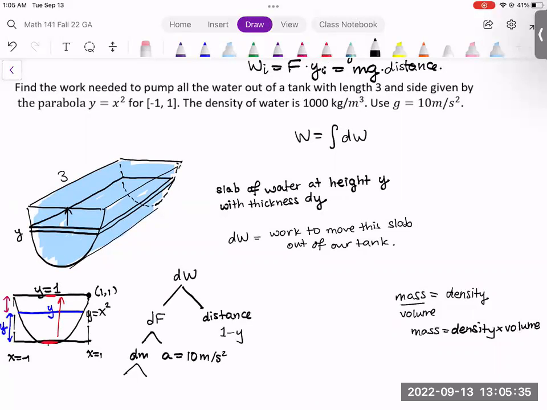Okay, and so this little mass is given by our density of 1,000 kilograms per cubic meter times our volume. Since this is a thin little slab, we assume it doesn't have a huge amount of volume, so we're writing dV.